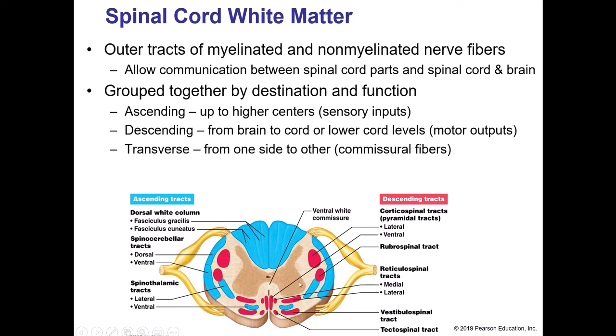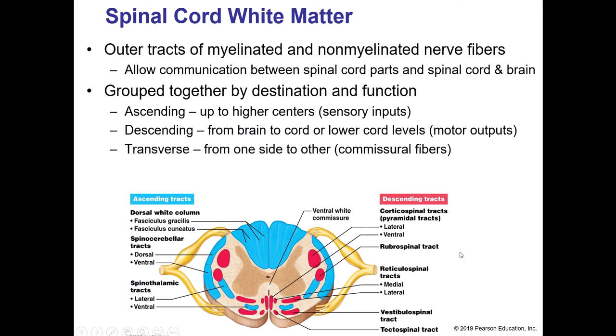Now you have to keep in mind that when you look at an image like this, you are looking at just a cross section of the spinal cord. When we talk about these ascending and descending tracts, we are talking about chains of neurons that go up and down the spinal cord. When you look at an image like this, you are looking at just a cross section.